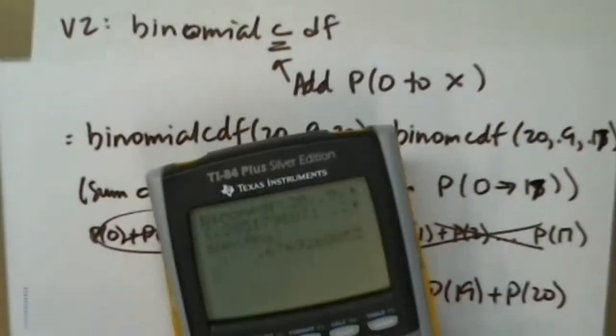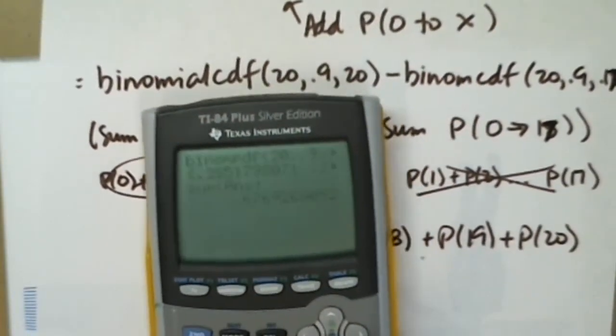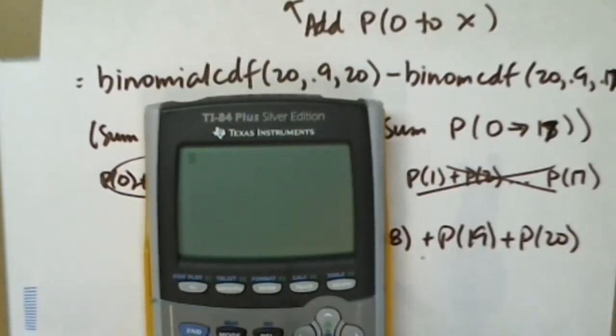Okay, it might be worth watching this a second time to see how this gets inputted. I want to go to my distribution menu, up to binomial CDF, cumulative for add, and I've got 20 trials, 0.9, and I want all 20 this time, up to all 20, paste, minus the ones I don't want.